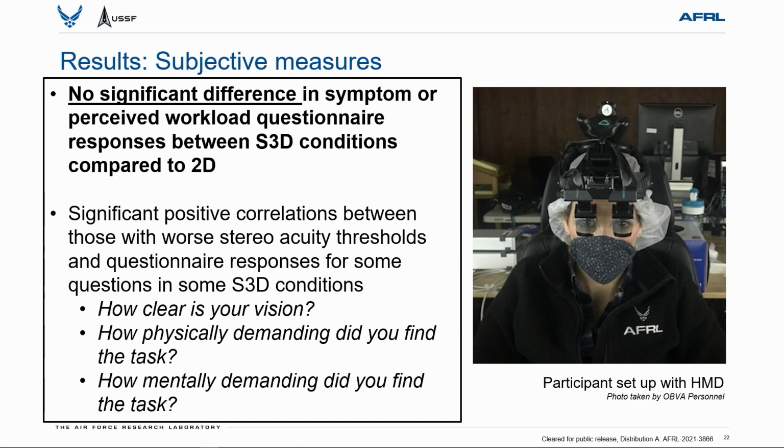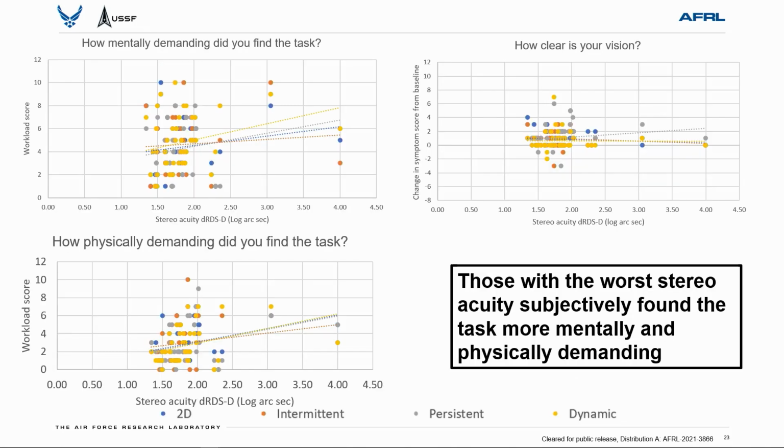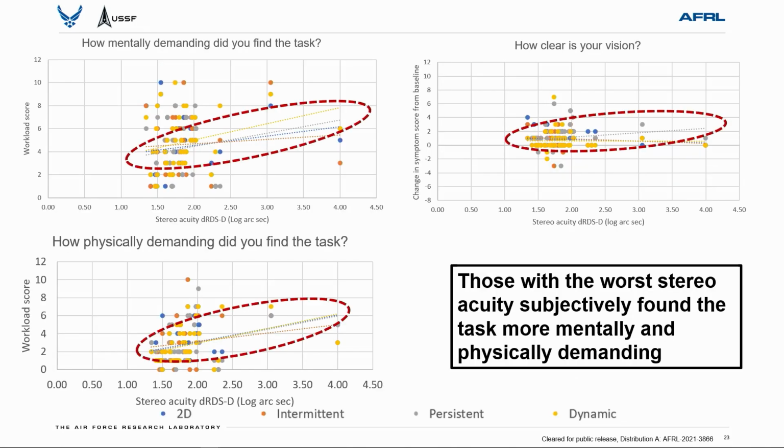However, when you then look at those metrics compared to individual stereo acuity, there were 3 questions in particular that those people with the very worst stereo acuity answered more positively to. So people with the worst stereo acuity subjectively reported the task to be more physically and mentally demanding. And we can see that illustrated in these plots here.